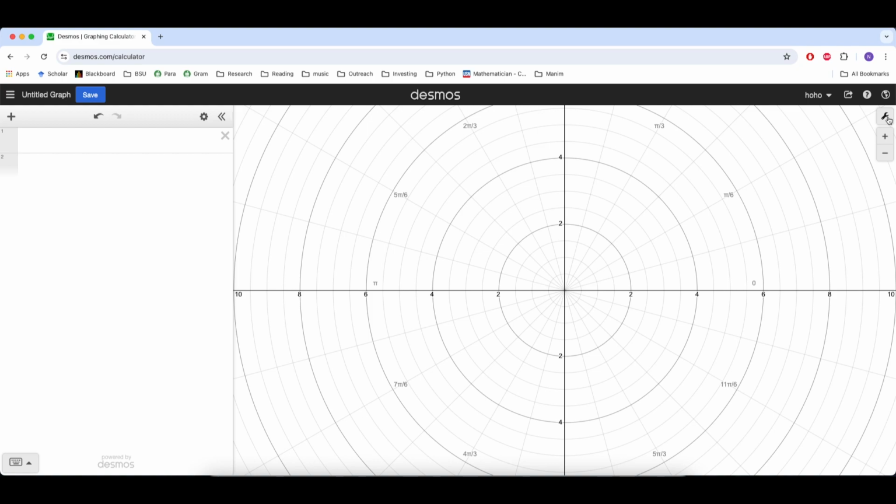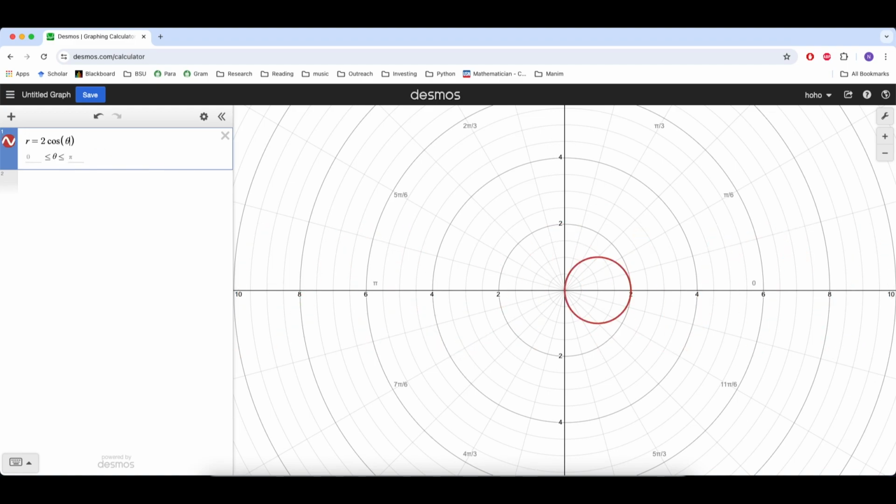For the circle, I'm going to try r equal to 2 times cosine of theta, which is the polar equation shown in example 6 in the lecture notes. So the equation again is r equal to 2 times cosine of theta. What you see is what you're going to type in here.